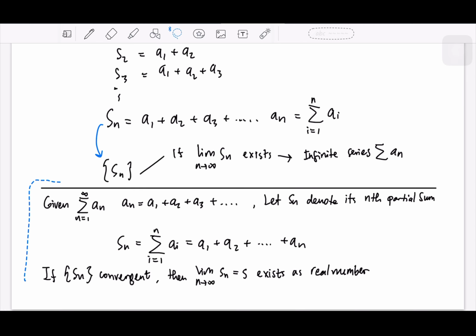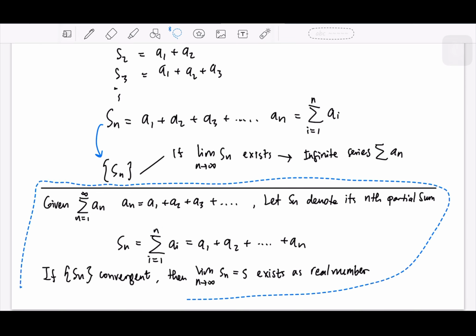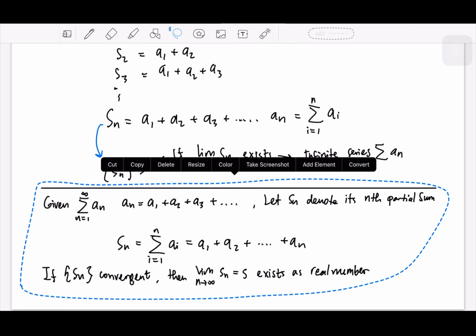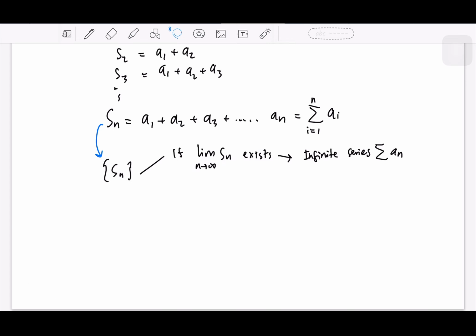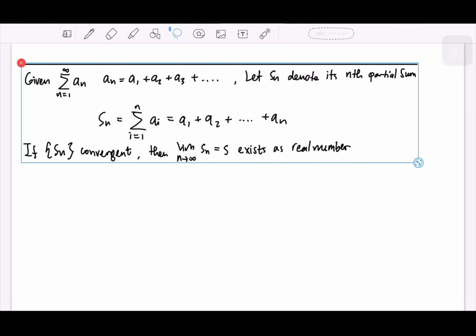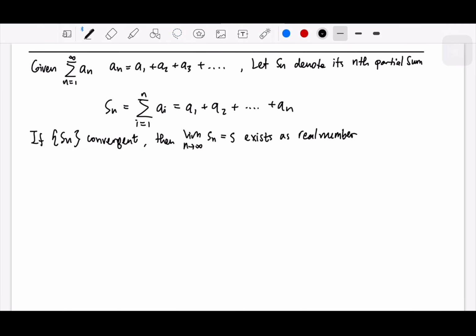Okay, let me continue and copy this part. Let me just cut this and take it into new page. Okay.